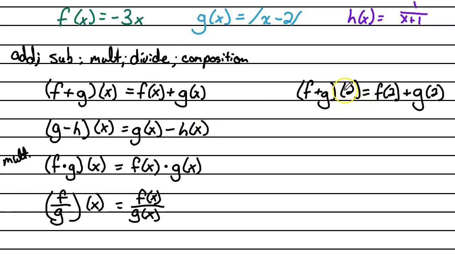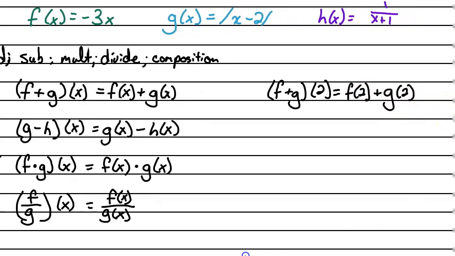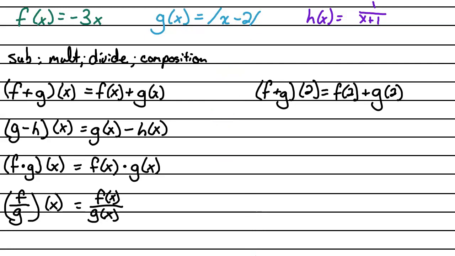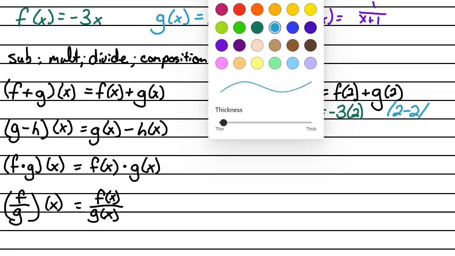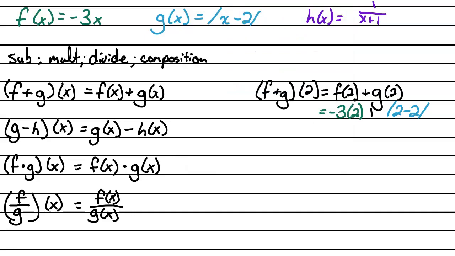Now, let's look at f plus g of 2. That means to take f of 2 plus g of 2. So f of 2 would mean I take negative 3 times 2, and then g of 2 would tell me to take the absolute value of 2 minus 2, and I would add these together.